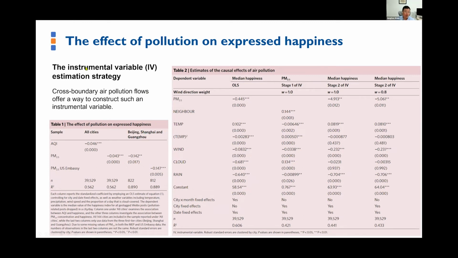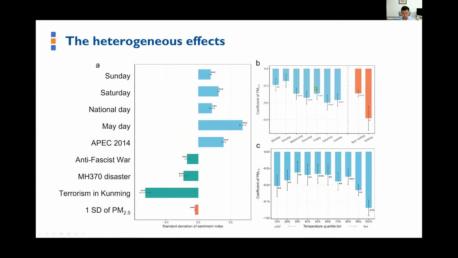So we introduced an instrumental variable approach. We use cross-boundary air pollution, which offers a way to construct such instrumental variables. So we have both the OLS estimation and the instrumental variable estimations to study their causal relationships.